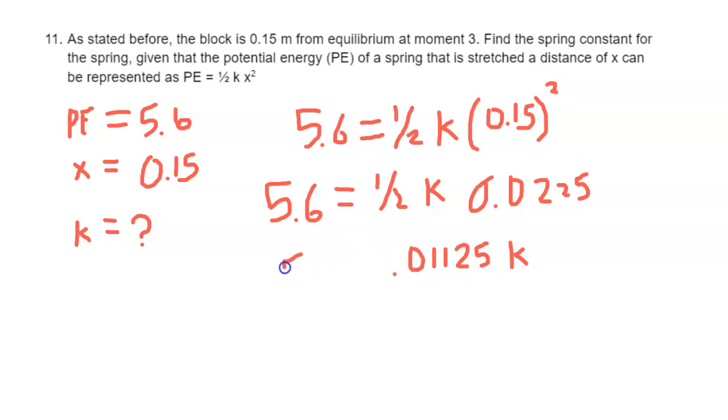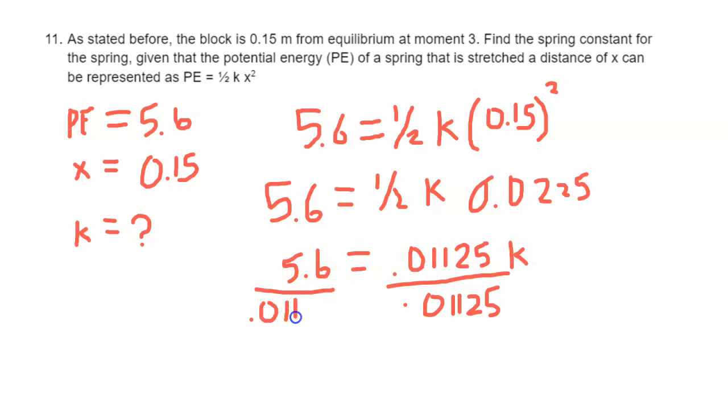0.01125K is equal to 5.6. Now the last step is to divide both sides by this number here, 0.01125. I think you can see where I'm going here. I'm sorry if this is taking me a long time to write. If you're pretty quick with math, you might be able to figure out the final answer before I even write it on the screen. But I'll do it anyway.